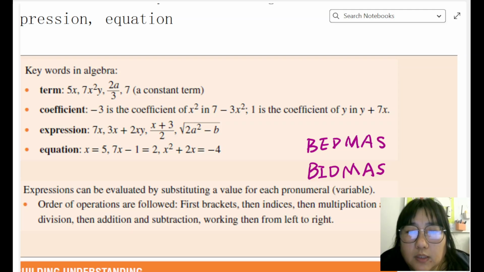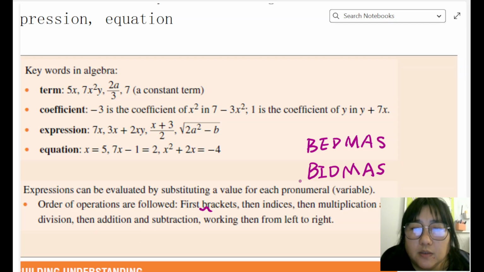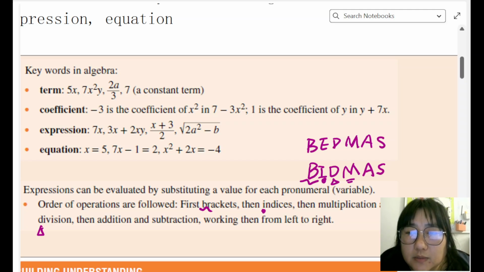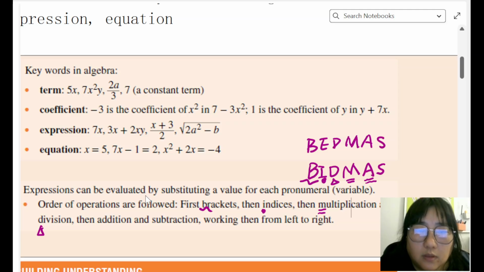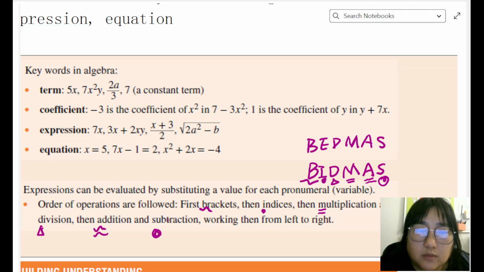Here B means bracket, and I means indices, and D means division, and then M means multiplication, A means addition, and S means subtraction.